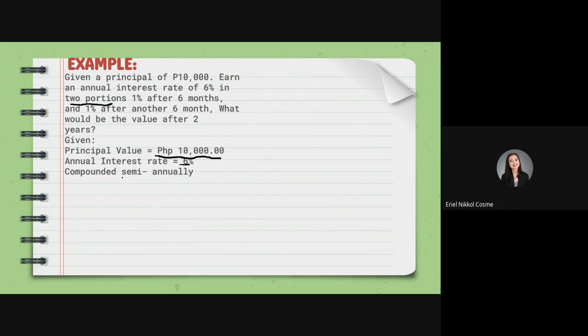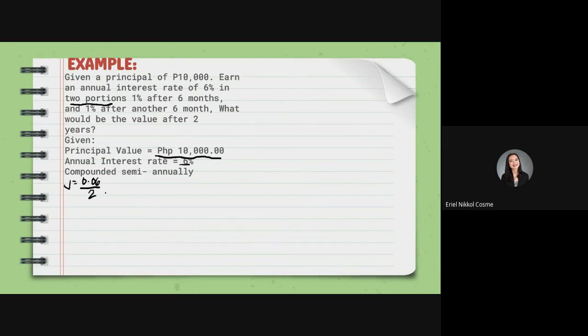So, after that, let us also get our interest rate using the formula J is equal to your annual rate, which is 6% or decimal 0.06, divided by our conversion period, which is semi-annually or 2.